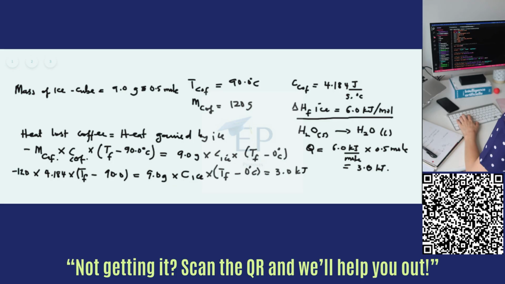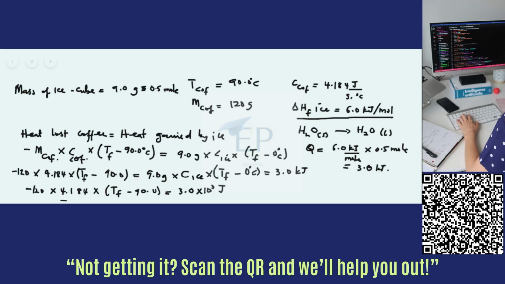So if we take this, say minus 120 times 4.184 times TF minus 90.0 is equal to 3.0. We can convert this to joules times 10 raised to the power 3 joules.